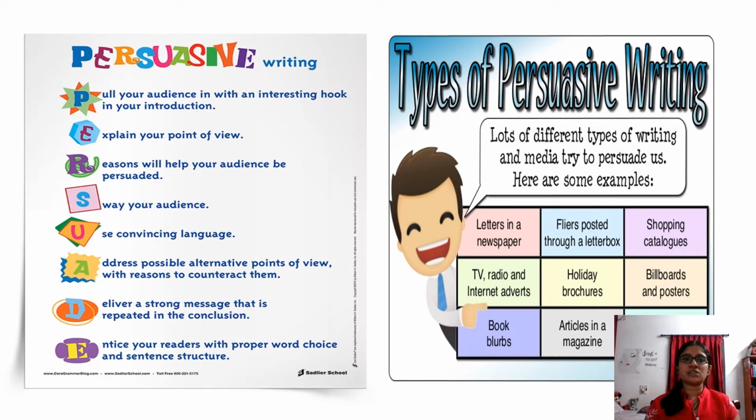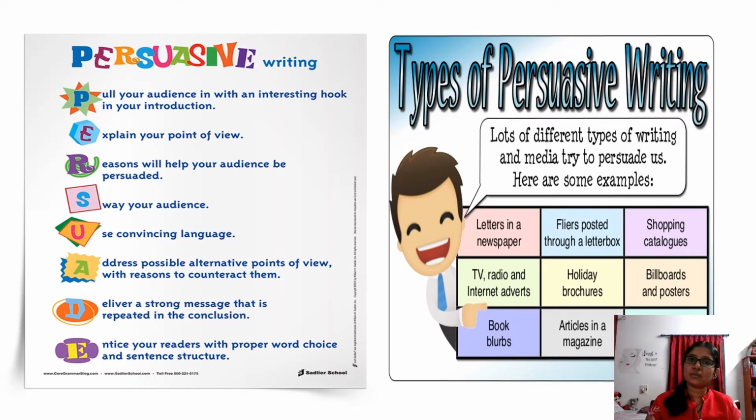Then address possible alternative points of view with reasons to counteract them. For example, there are certain times when people will not agree with you whatever you say, because they have already decided what they want to do. At that point of time, you need to give certain kinds of reasons where they start to believe you and get persuaded. It's a type of situation where they are neutral.